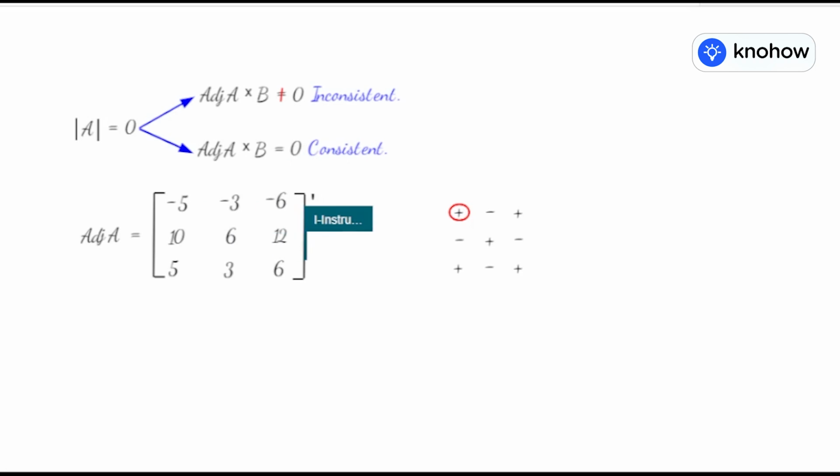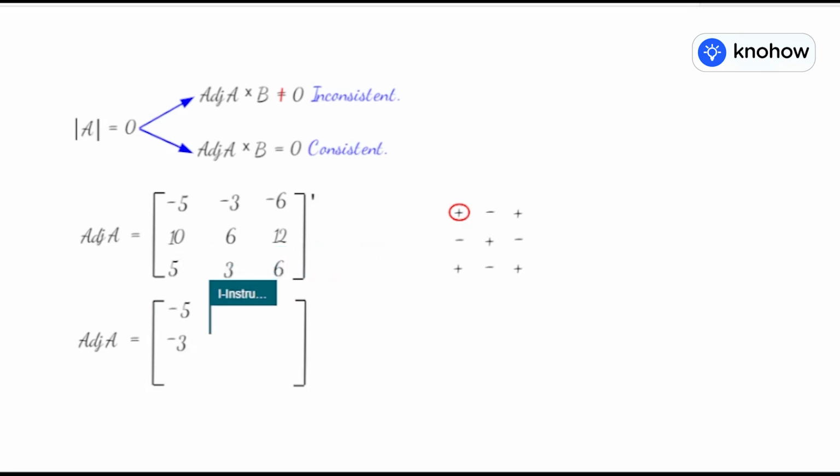Take the transpose of it, and you get adjoint A: the elements of the first row, minus 5, minus 3, minus 6, come to the first column, the elements of the second row, 10, 6, 12, we write in the second column, and the elements of the third row, 5, 3, 6, in the third column. So now we have got adjoint A.